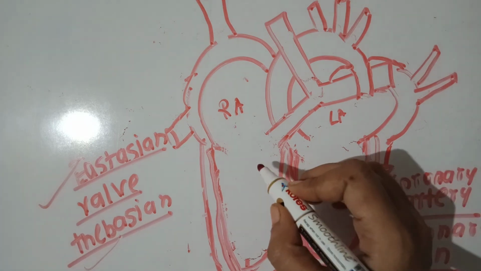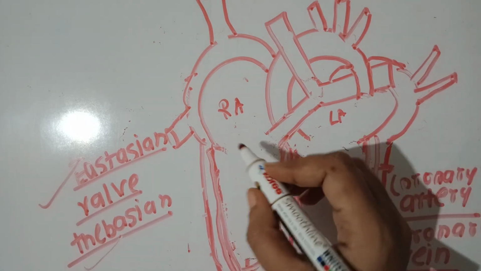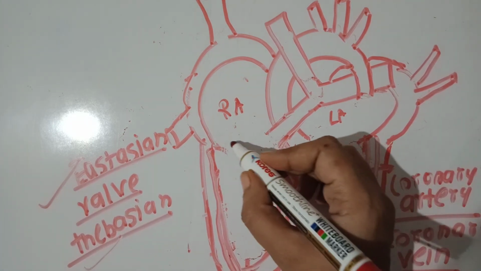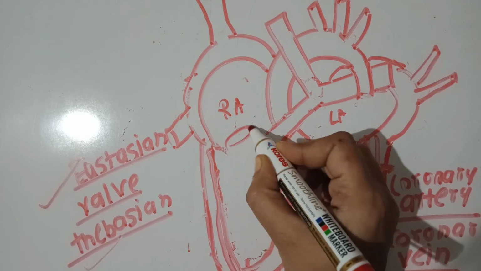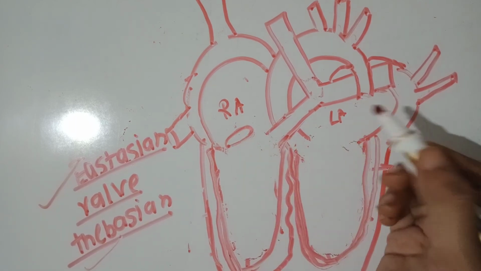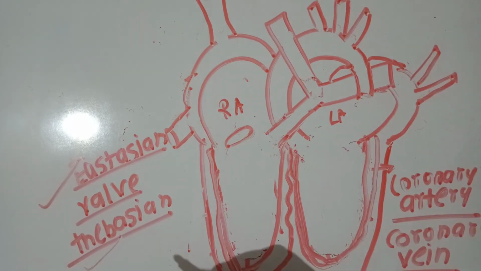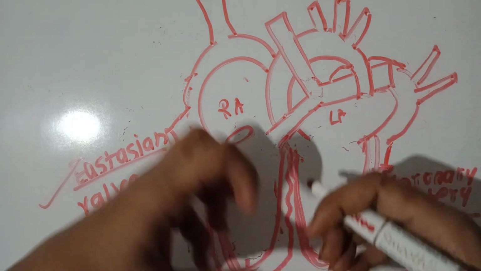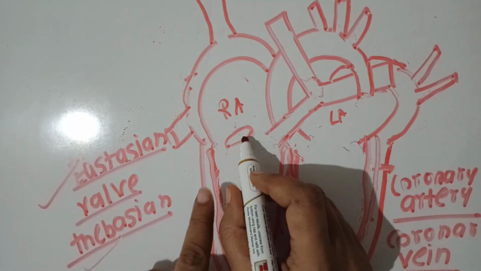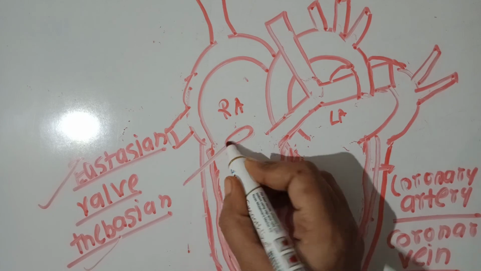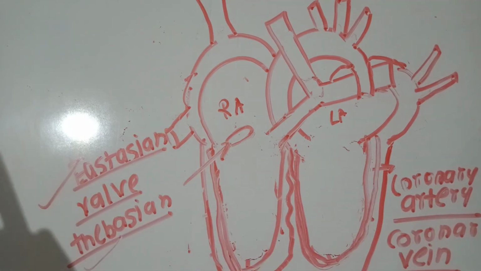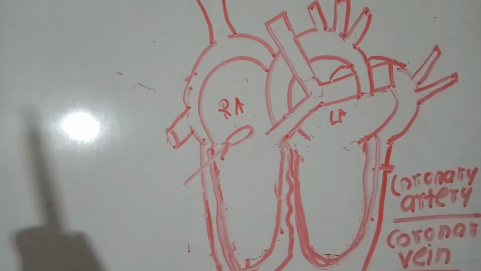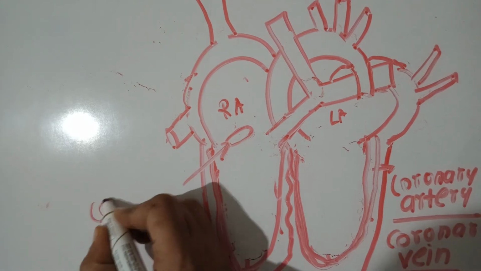This deoxygenated blood has to be sent to the right atrium for purification. This whole network of blood vessels is called the coronary sinus.